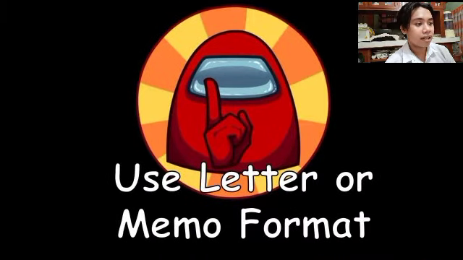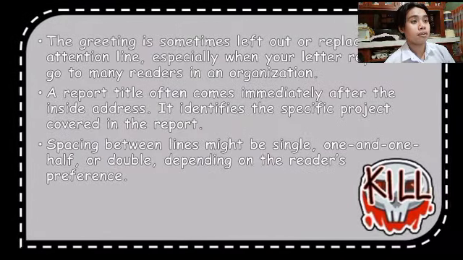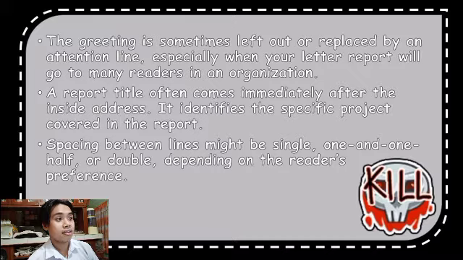Our first guideline is use letter or memo format. The greeting is sometimes left out or replaced by an attention line, especially when your letter report will go to many readers in an organization. So the greeting in the first line is replaced by an attention line.